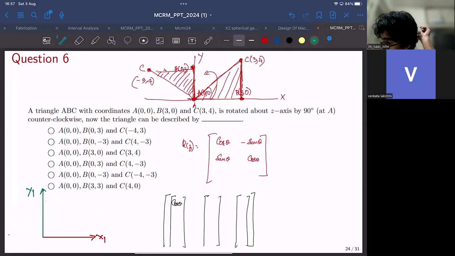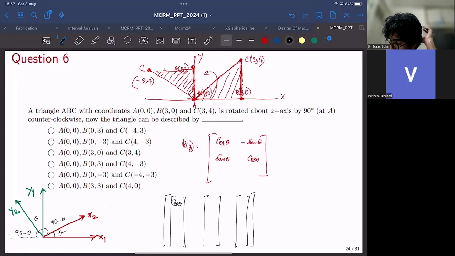Then x2 rotated would be like this, and y2 rotated would be like this. We are rotating with respect to the z-axis, and the z-axis is out of plane. This is theta, this is 90 minus theta.